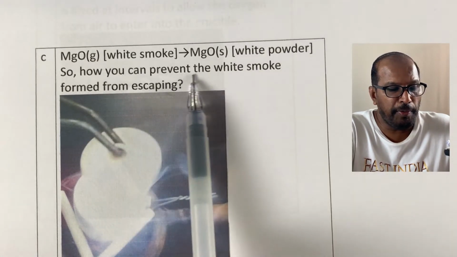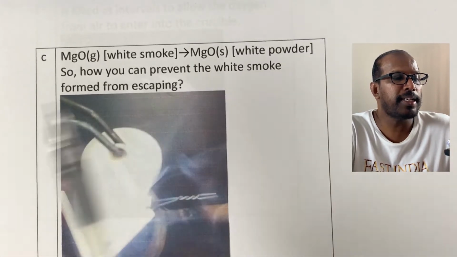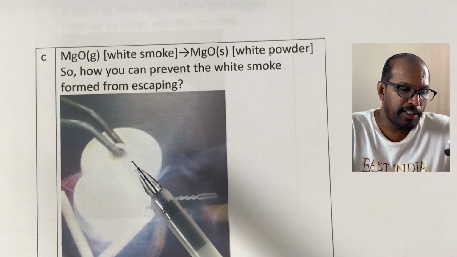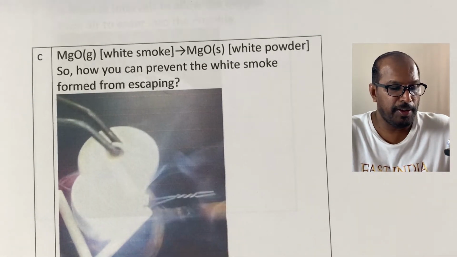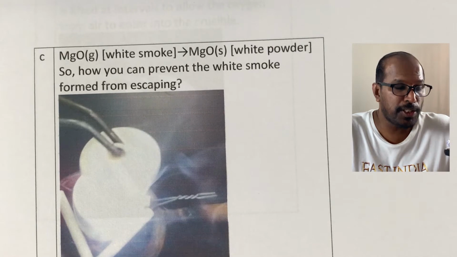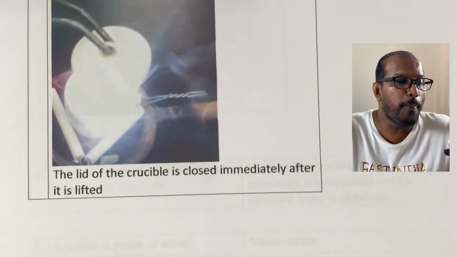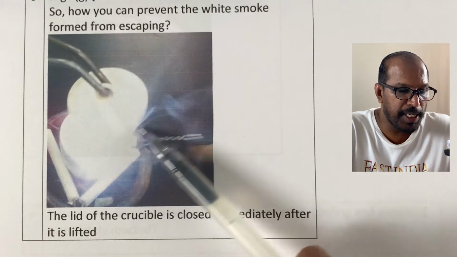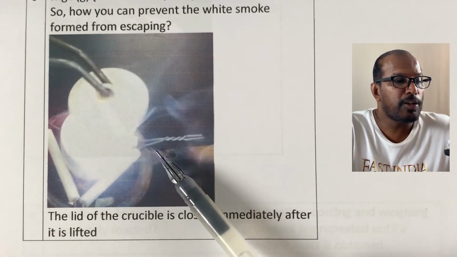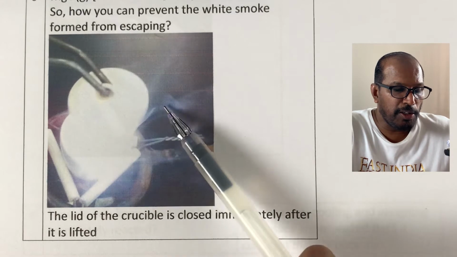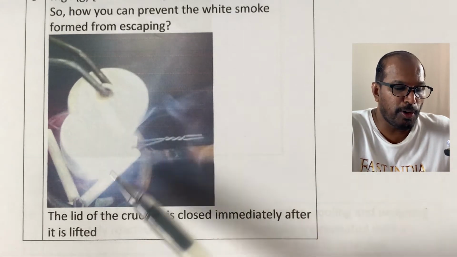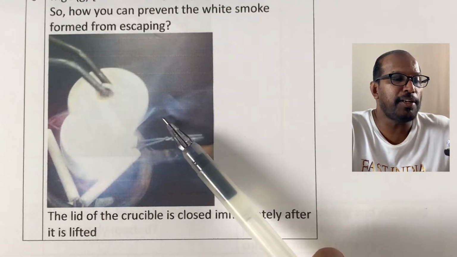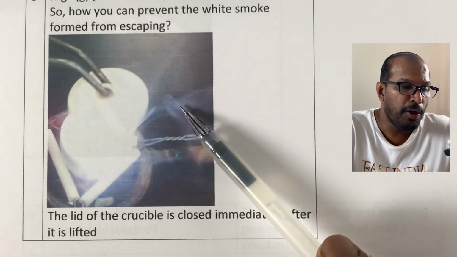So how can you prevent the white smoke from escaping? You have to make sure that the lid of the crucible is always closed. If you open it, can you see the smoke here? This is the smoke coming out from the crucible when you open it. The more smoke escapes, the more the mass that you obtain for magnesium oxide will be affected.